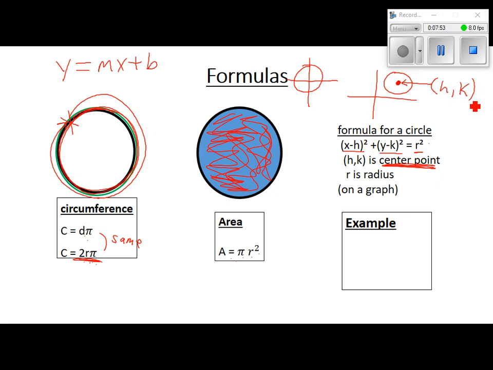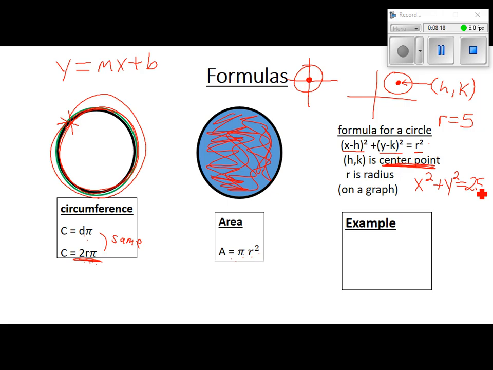A lot of times we put our center point right at the point 0, 0. So the equation comes out looking just x squared plus y squared equals whatever r squared. Let's say r, for our purposes, r is 5. So r squared would be 25. So the equation just looks like that.